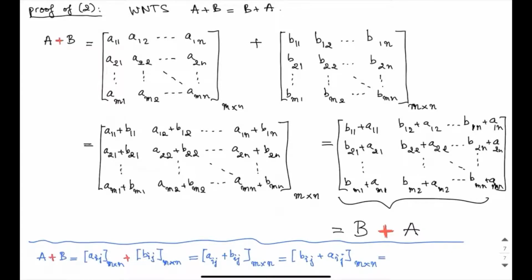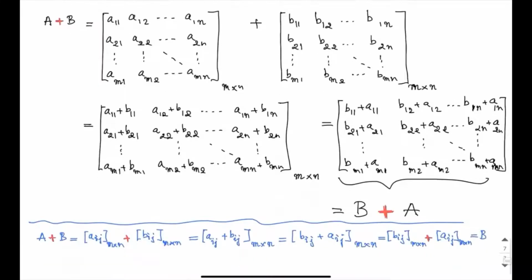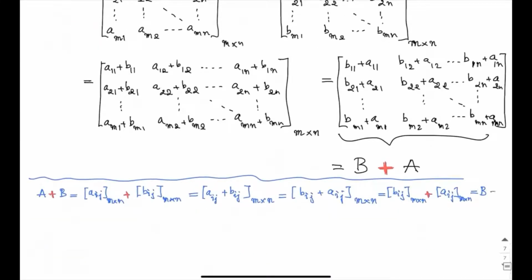Now this turns out to be adding Bij m by n with Aij m by n. And when you write the addition here, we really mean the addition of two matrices. The first matrix is the capital B matrix, and the second one is the capital A matrix.